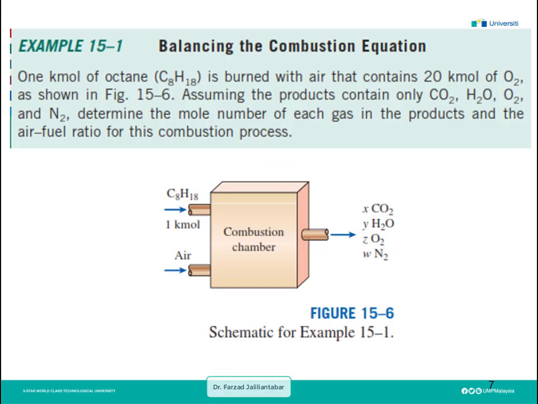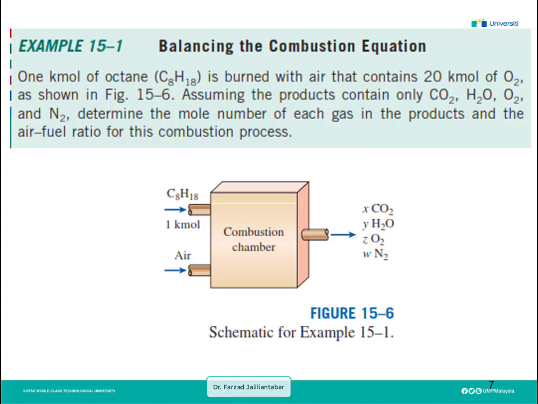Here we have an example to balance a combustion equation. We will use the concept of mass conservation to write the equation for the combustion. Here we have 1 kilomole of octane, whose molecular formula is C8H18.